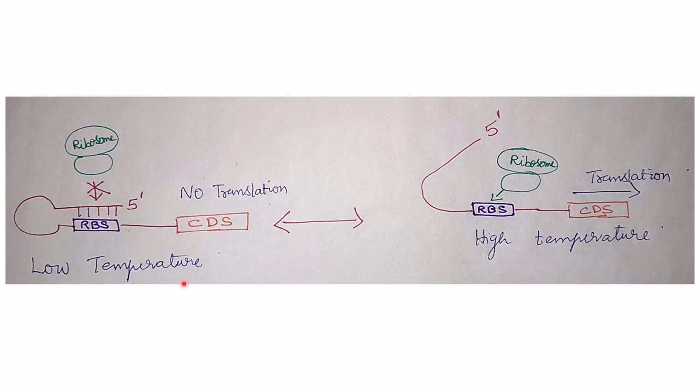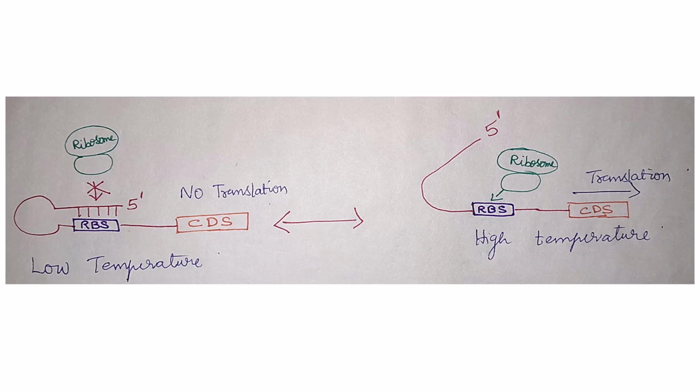That is what is happening at low temperature. But at higher temperatures, when conditions are favorable, the RBS, or ribosome binding site, will be free and it will bind to the ribosome and result in translation of the coding sequence. So that is what is happening in the case of RNA thermometers.